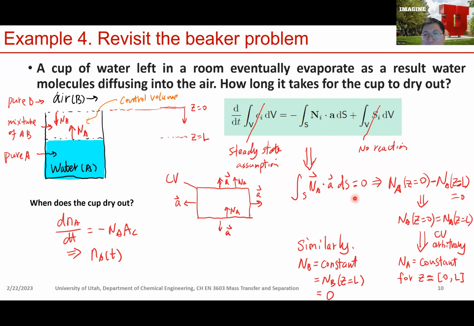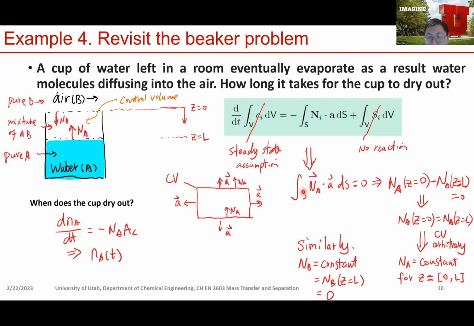That's the flux term, which is the integral of the outward flux of N_A leaving the control volume multiplied by the A vector, which is the unit vector perpendicular to the control volume but pointing outward.